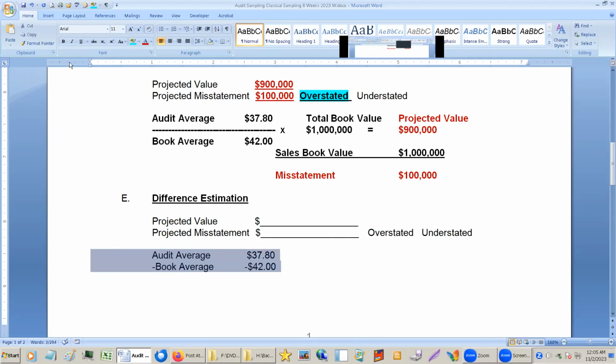Now this is going to be what we think the adjustment should be for this. This would be the difference. So the difference between these two is $4.20.